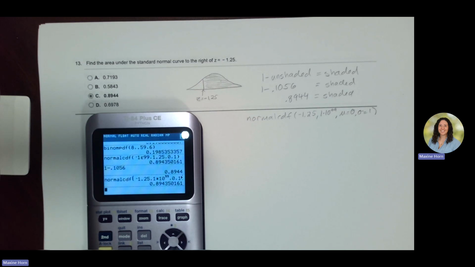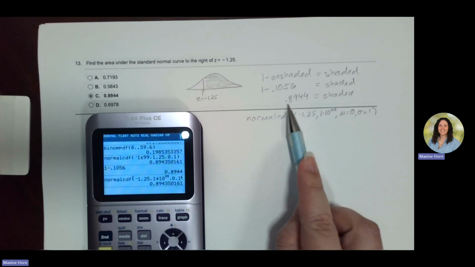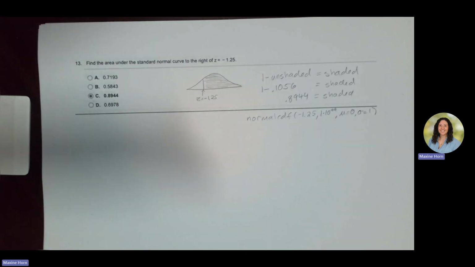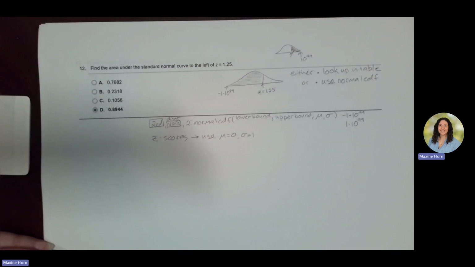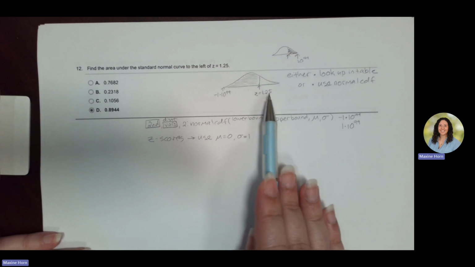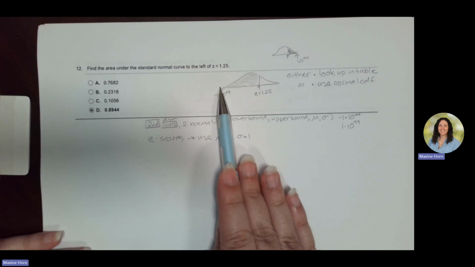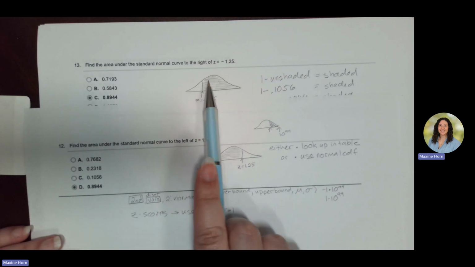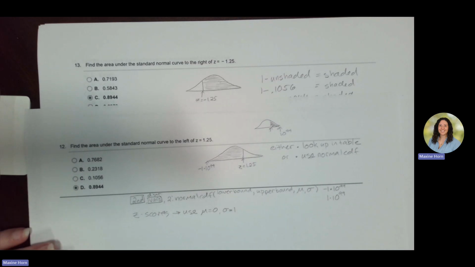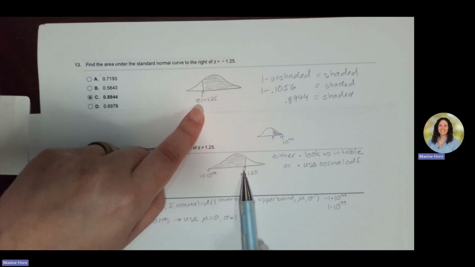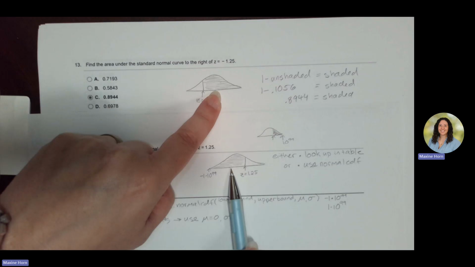Now you might have noticed right when we got 0.8944 that number looks familiar. You might say, wait a minute, wasn't that what we got on the last one? It sure is, right? So look at that. If I have a positive z-score and I want the bigger section, I get the same number as if I have the negative z-score and take the other section, because these are the same distance away from the mean, right?